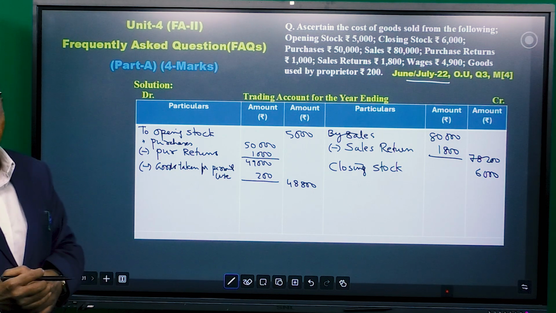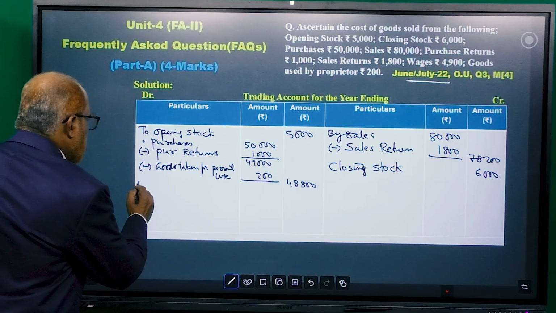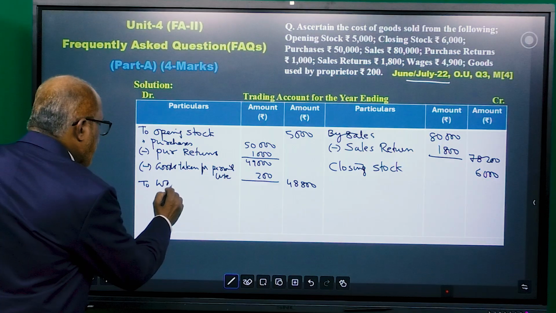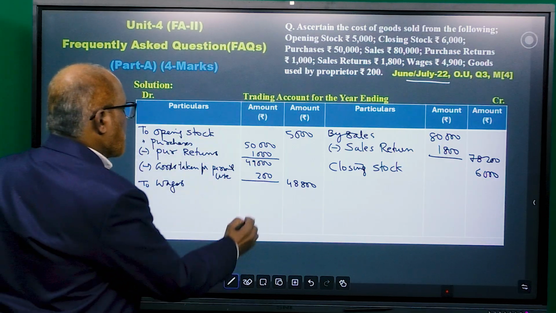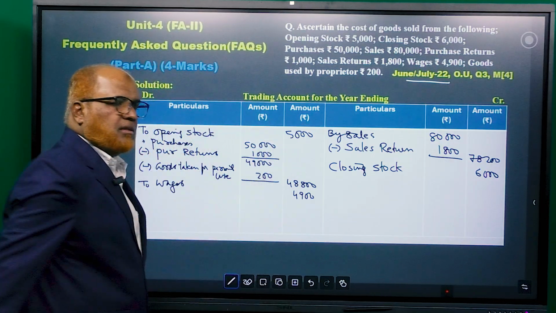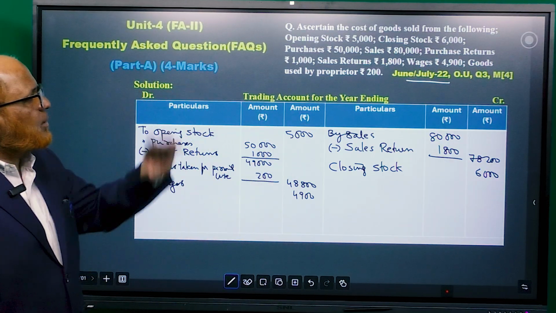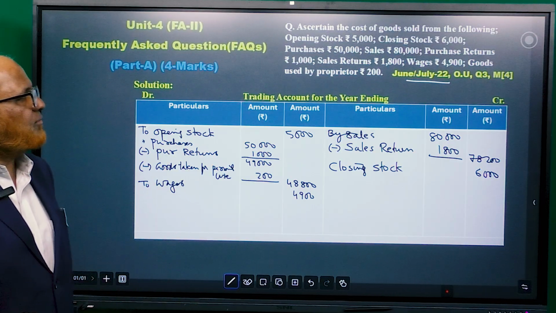And that direct expense is wages. Wages to the labor. So here we should write down wages. How much are the wages given? It is 4,900. That's all. Whatever is given in the problem, we have taken all the values.